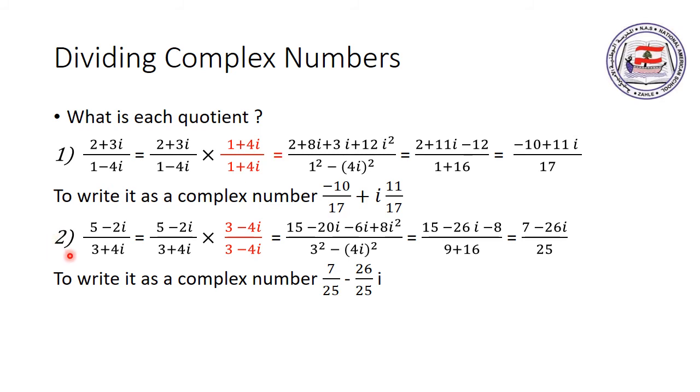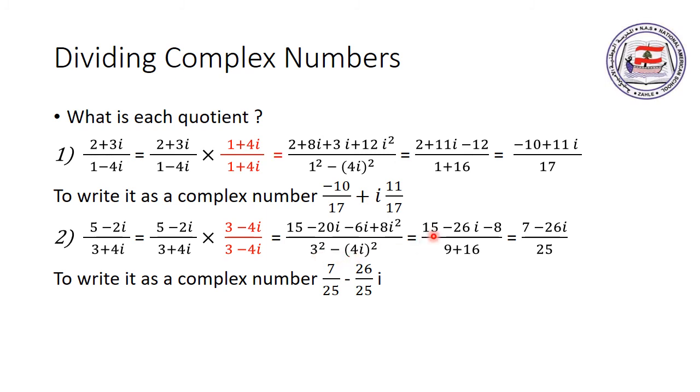In example 2, dividing 5 minus 2i with 3 plus 4i, we need to multiply this fraction by the conjugate of 3 plus 4i, which is 3 minus 4i. So we multiply and divide by this term. And then after reducing the expression, we get 15 minus 20i minus 6i plus 8i squared over 3 squared minus 4i squared.